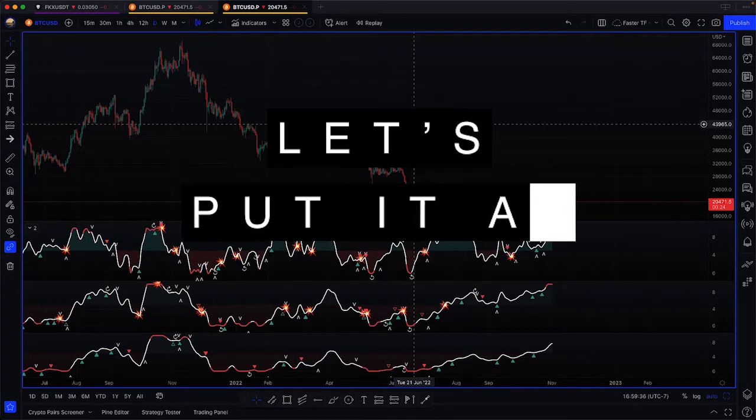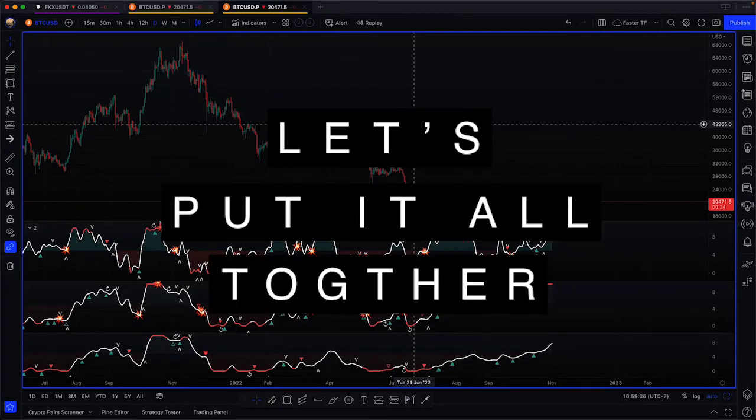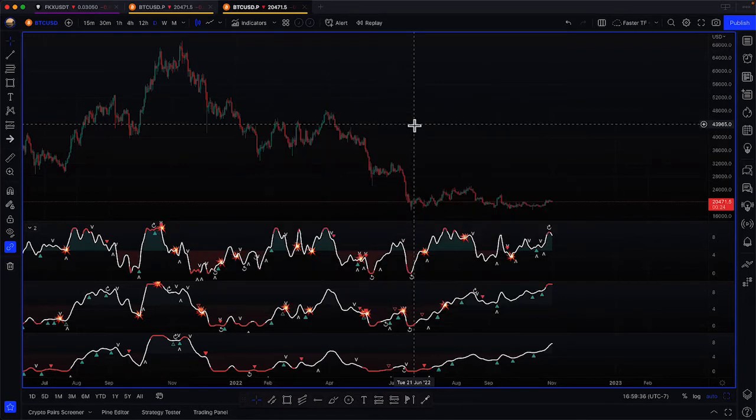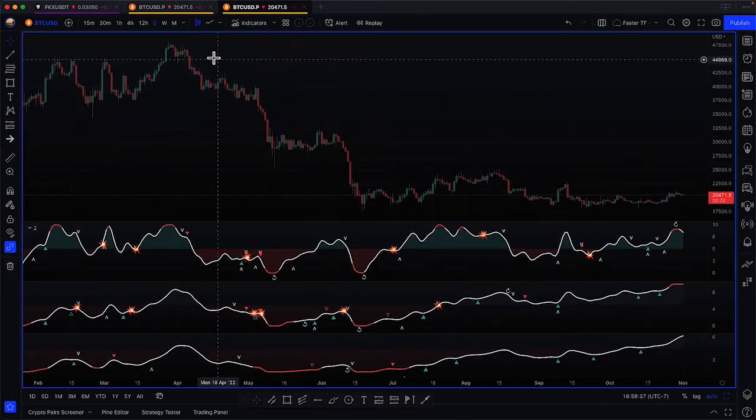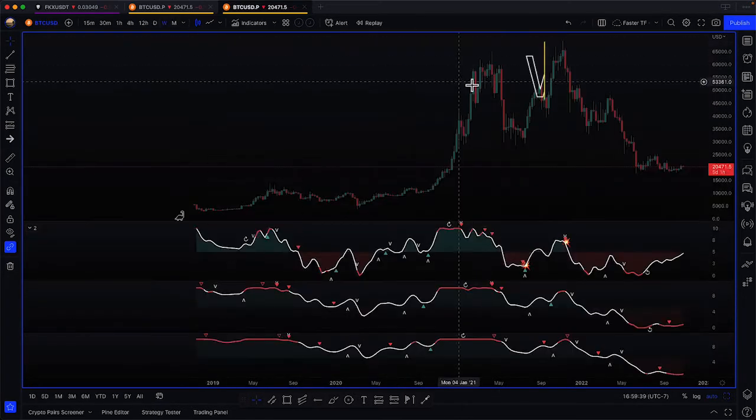So to put all of this knowledge together, this is how to go about finding trends, drawing trend lines, and trading them. The best way to set up trades is to first start by drawing some lines, then use Boom Hunter to confirm these moves. I start by drawing on the weekly, then the daily to identify the general trend.